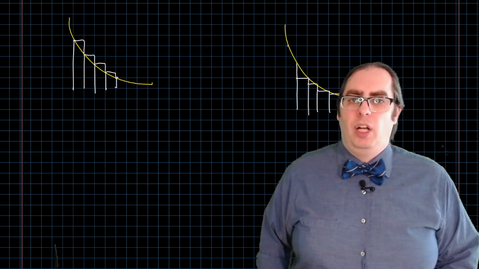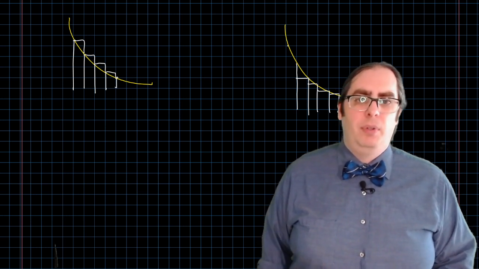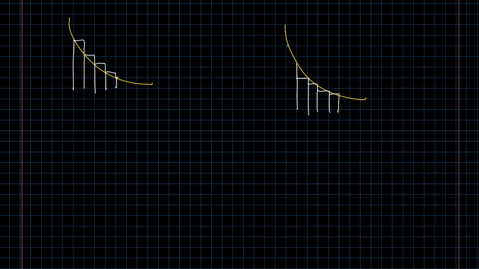And I'm going to start off with a very simple example. F of x equals 5 on the interval from 1 to 4 with n equals 6.